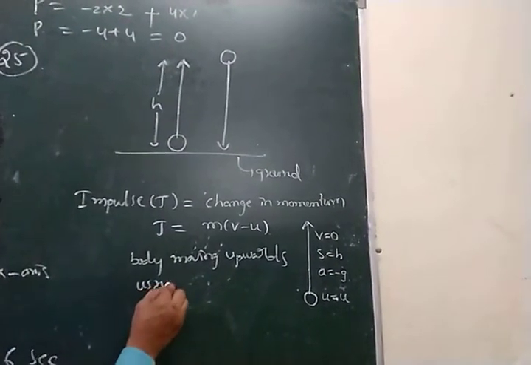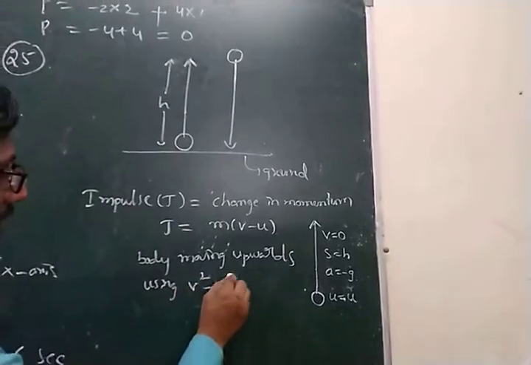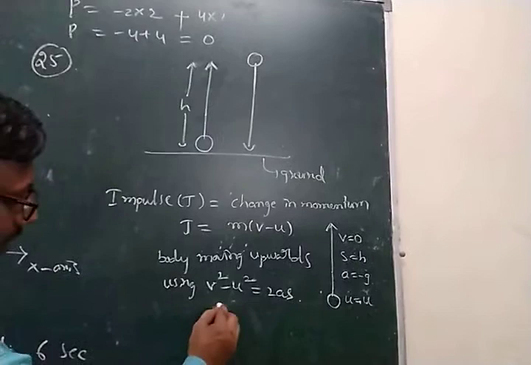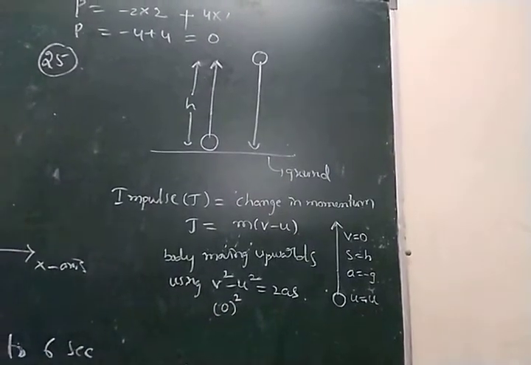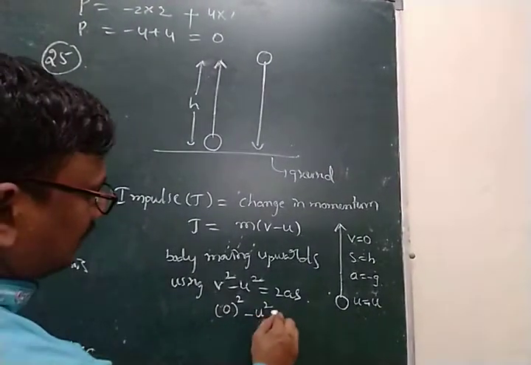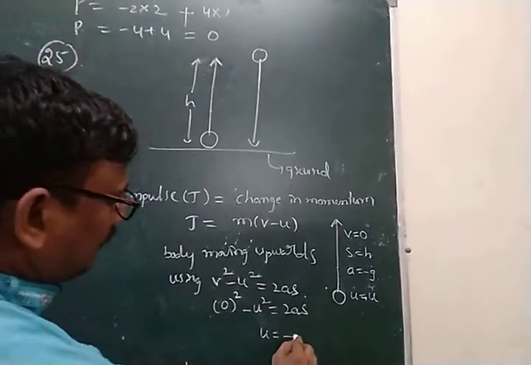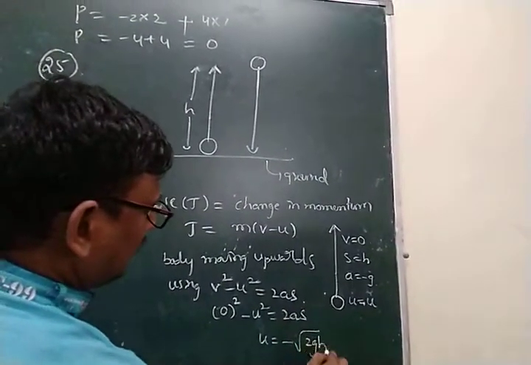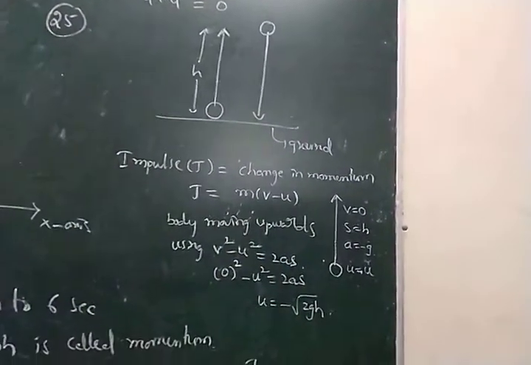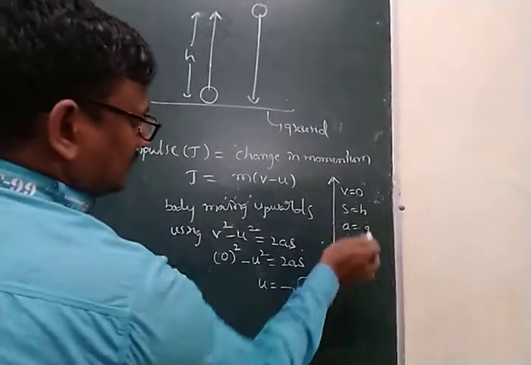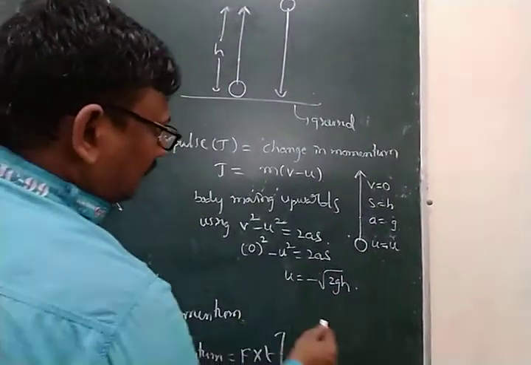Using V square minus U square is equal to 2AS, 0 square minus U square is equal to minus 2gh. So U is equal to under root of 2gh.